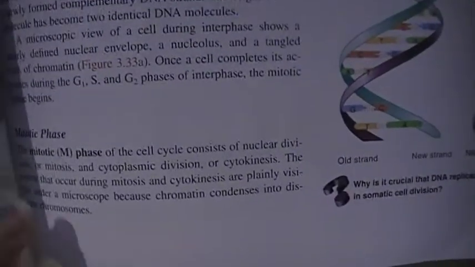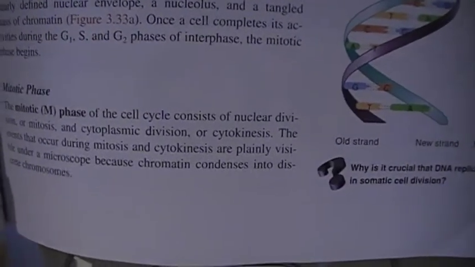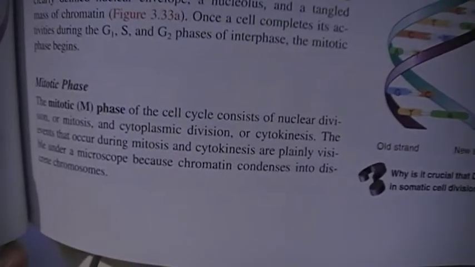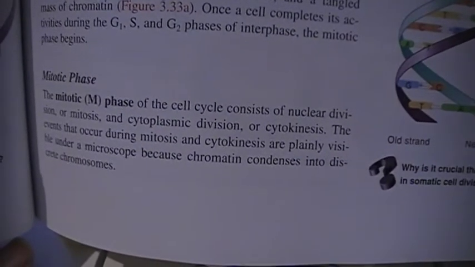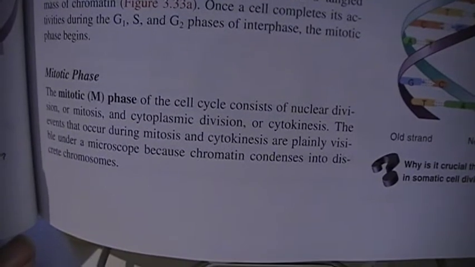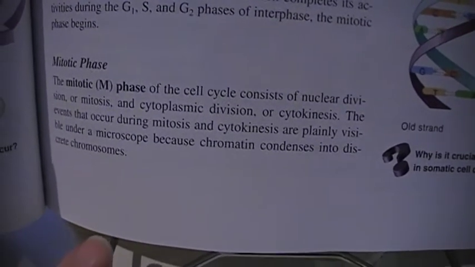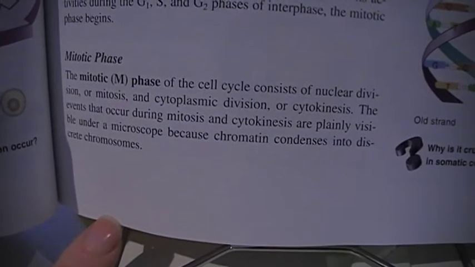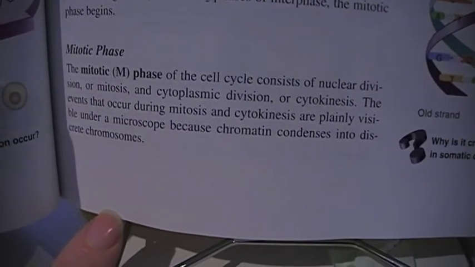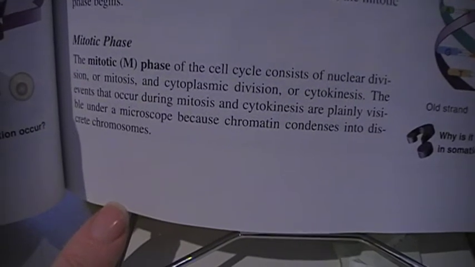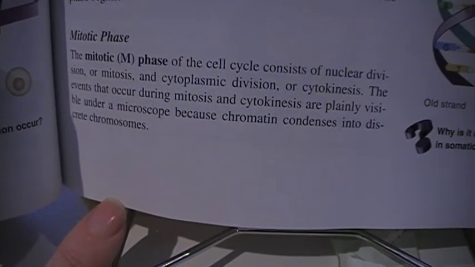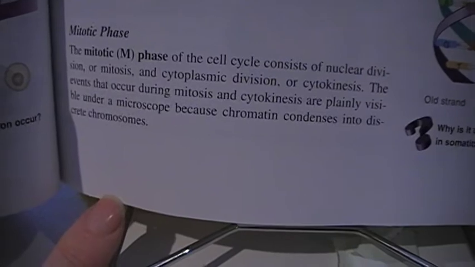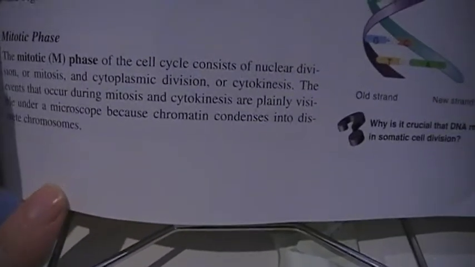The mitotic phase of the cell consists of a nuclear division or mitosis and a cytoplasmic division or cytokinesis. Chromatin condenses into discrete chromosomes.